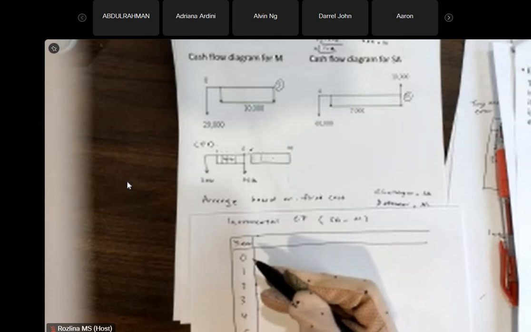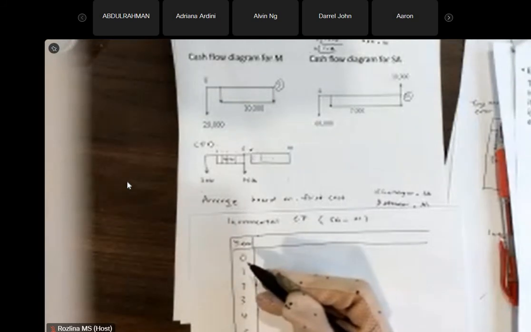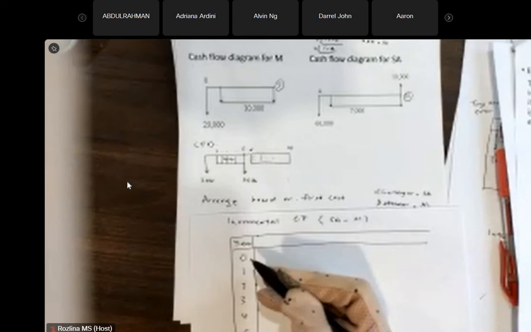Dia datang 20K je. 20K. Okay, 10K. 20K je.